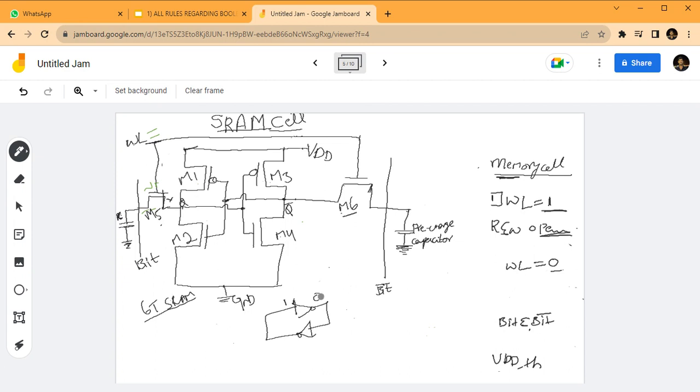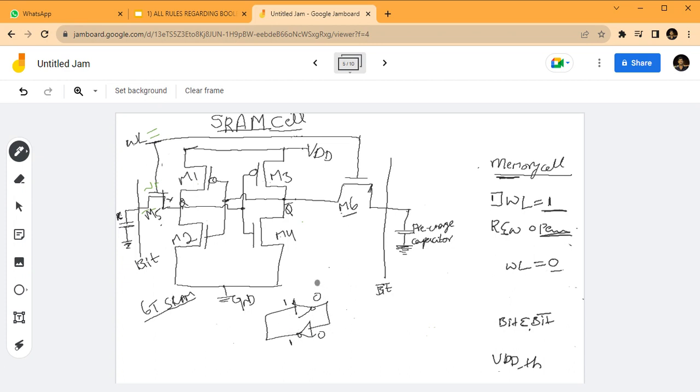This output is connected to the next inverter's input, then the output becomes 1. Then it goes in a circular motion. Therefore, it is storing some value.